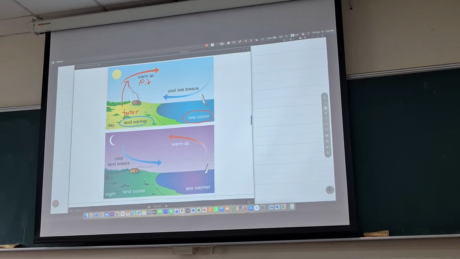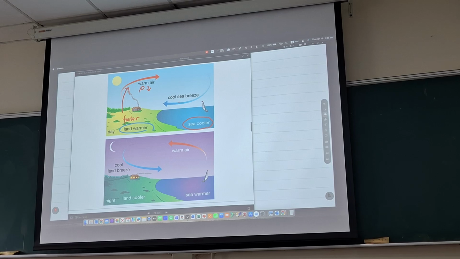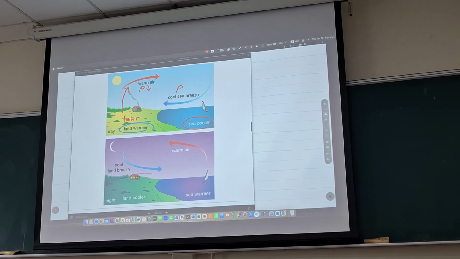And the sea remains relatively cooler. So the air above the sea is denser. The density increases, so it's thick. And then this cool air is going to move from the sea to the land.